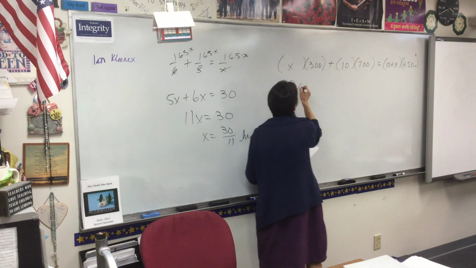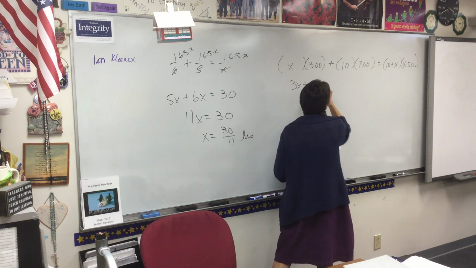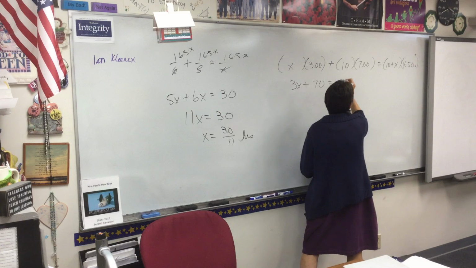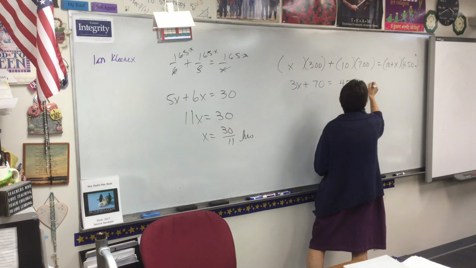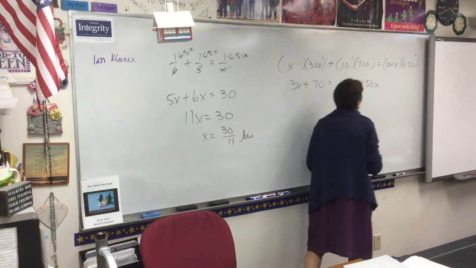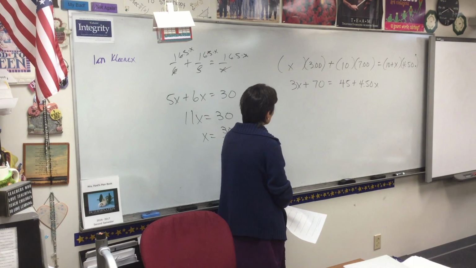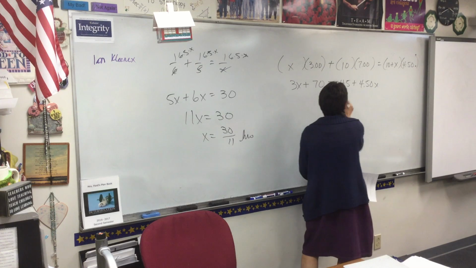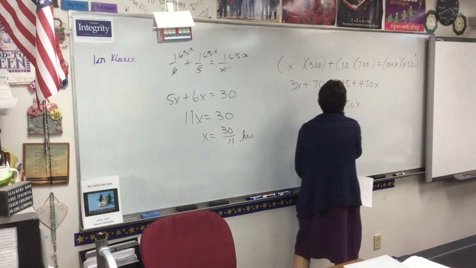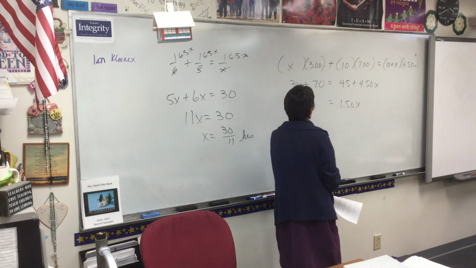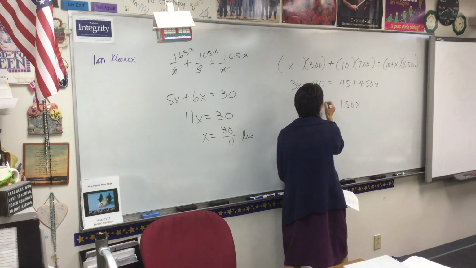So we have 3x plus 70 equals 45 plus 450x. So 150x equals 25.